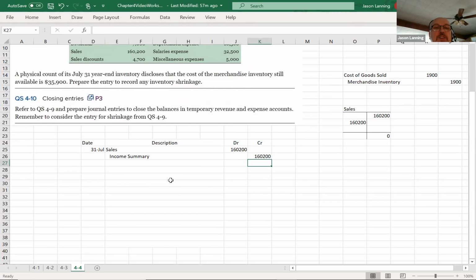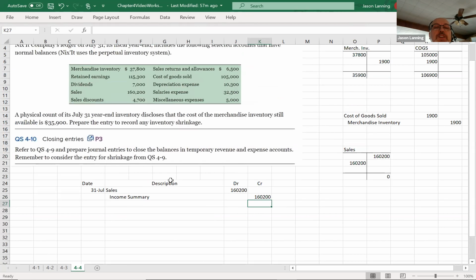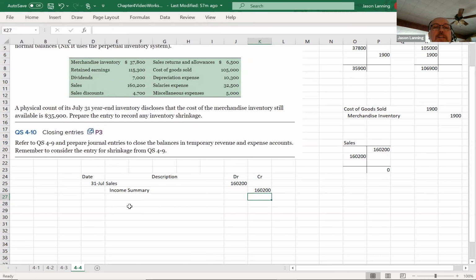Now the other thing we have to close are our expenses. So if we look at this and say, okay, this on 7/31, our expenses, closing those. And remember, expenses have a normal debit balance. So to close them, we have to credit them. And we will be debiting income summary.